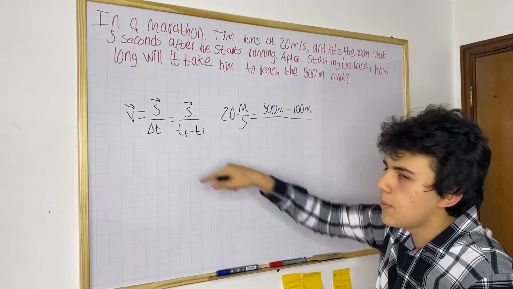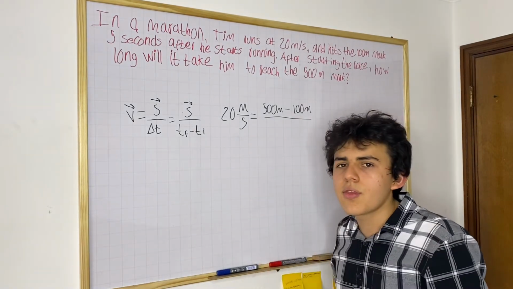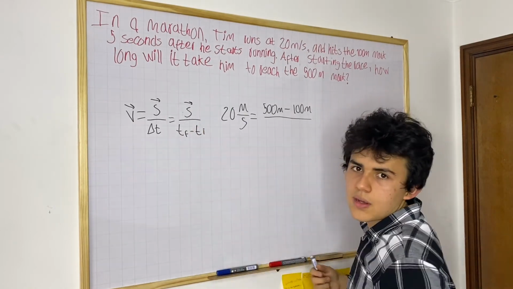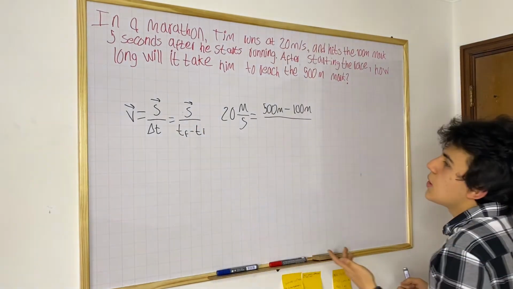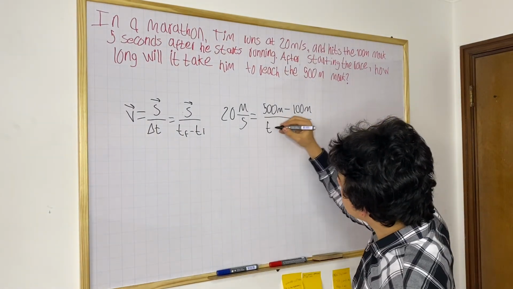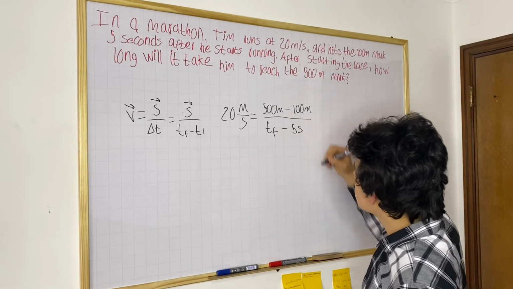And this final time would be the final time of the entire thing that we're seeing, or the entire picture. So in this case, TI would be 5 seconds. So we have TF, what we need to know, minus 5 seconds.